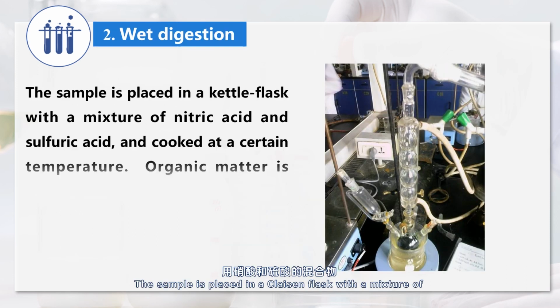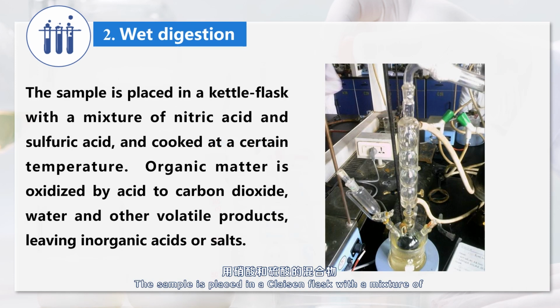The sample is placed in a Kjeldahl flask with a mixture of nitric acid and sulfuric acid and cooked at a certain temperature. The nitric acid can break down most organic compounds. During the process of cooking, the nitric acid gradually evaporates, finally leaving the residual sulfuric acid.